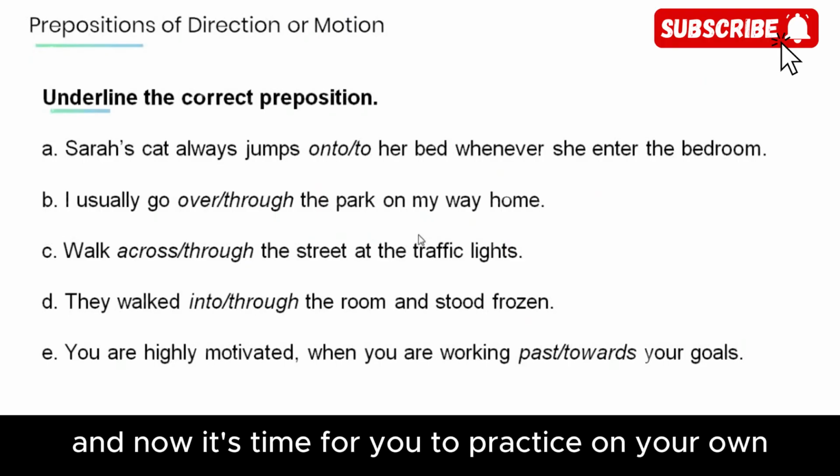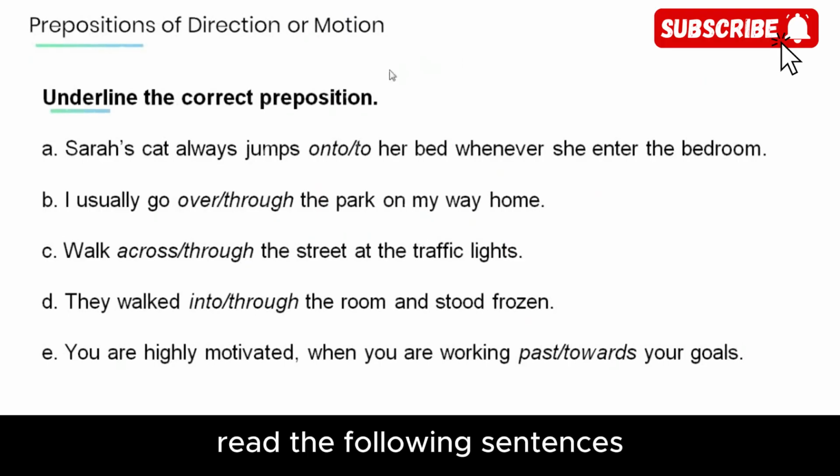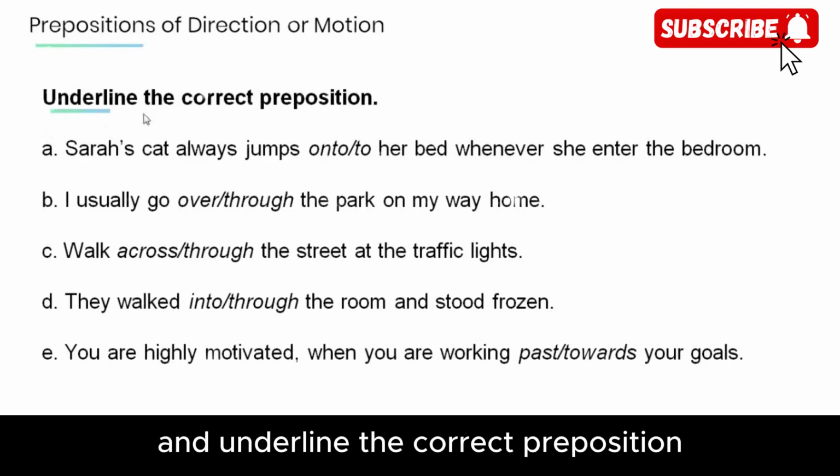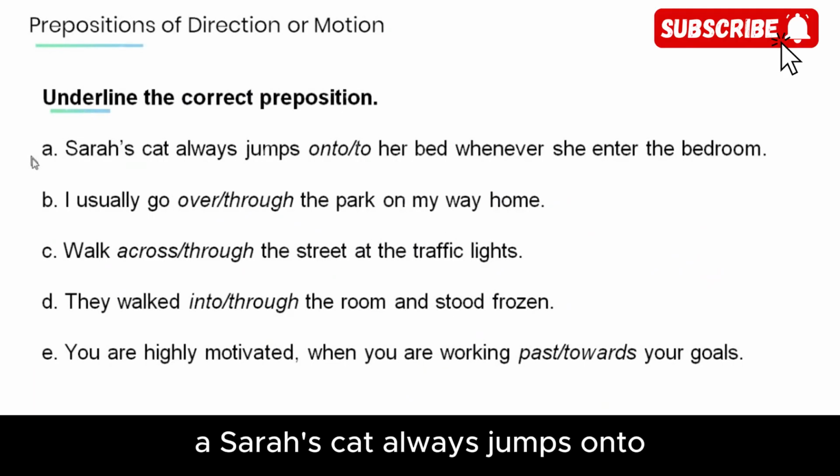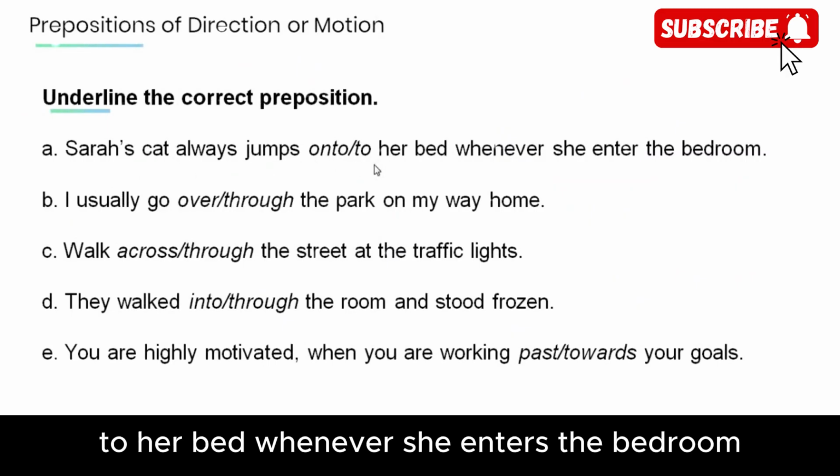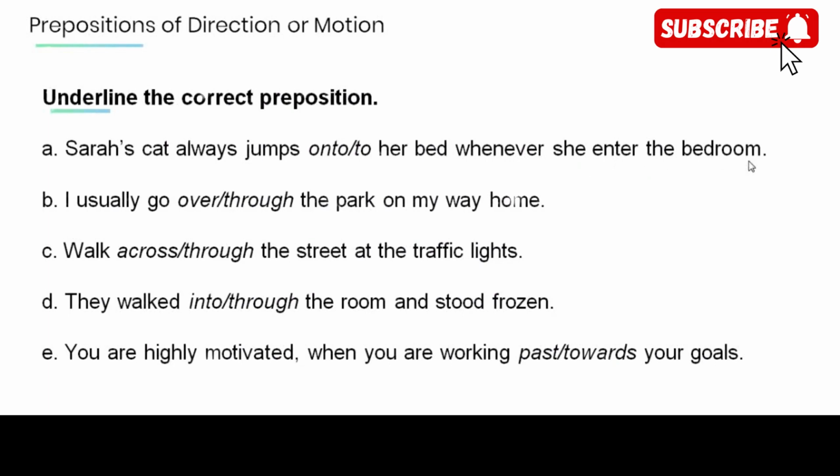And now it's time for you to practice on your own. Read the following sentences and underline the correct preposition. A. Sarah's cat always jumps onto her bed whenever she enters the bedroom.